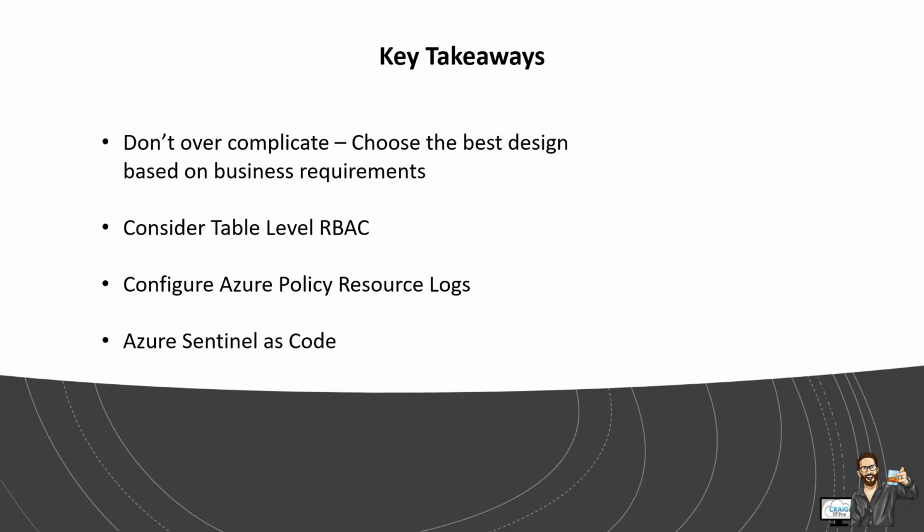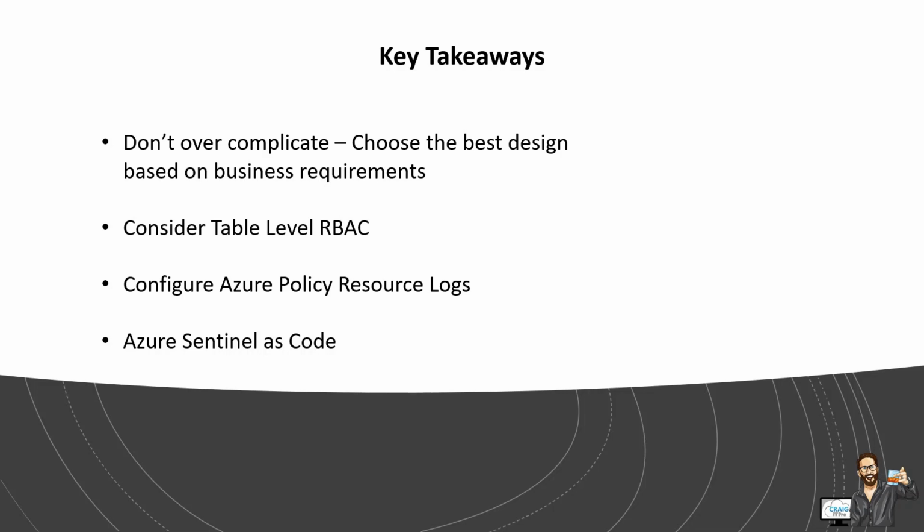Everything is being done programmatically now in the cloud. So look to adopt a Sentinel as code methodology approach, especially if you're going to be working with multiple workspaces. You're going to want to consider consistent configuration across both entities. So if you have North Europe and West Europe, both Azure Sentinel instances, you want to make sure that you have some form of DevOps pipeline controlling those.